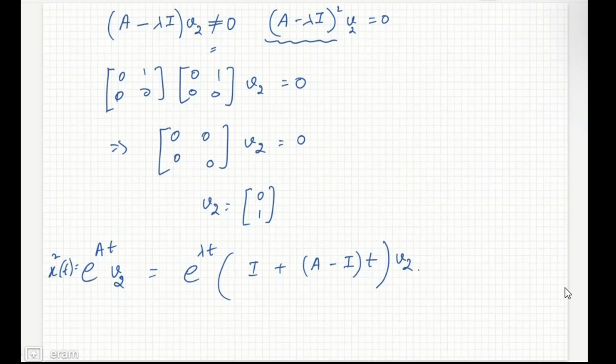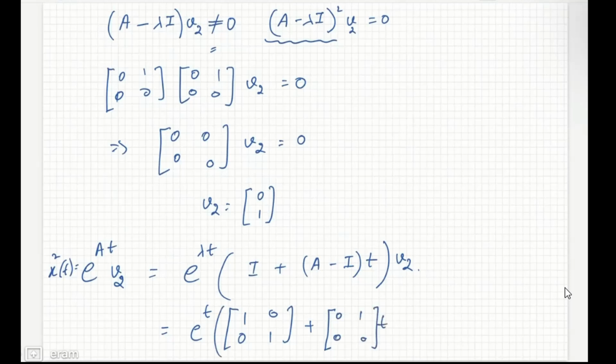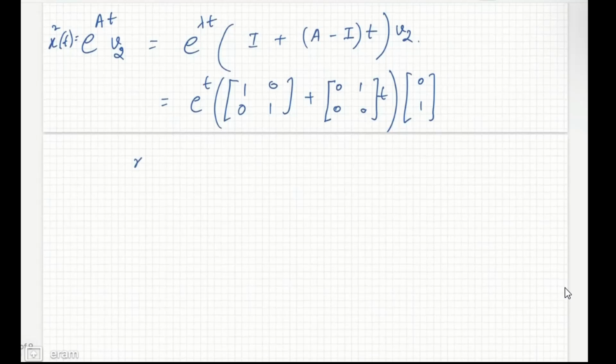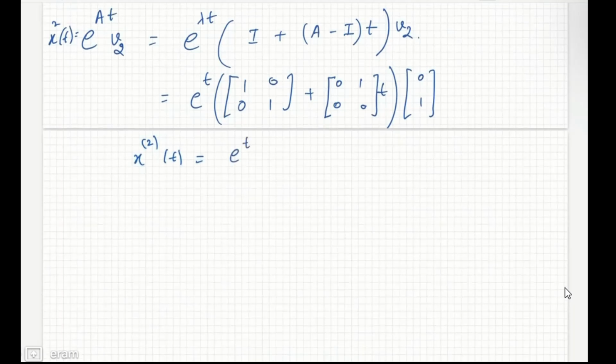This will be the second solution basis. So it is e to the power t, I is 1 0, and A minus I will give you 0 1 0 0 times t, and v2 we have calculated as 0 1. When you solve it, you will get x2(t) as e to the power t times (t, 1).